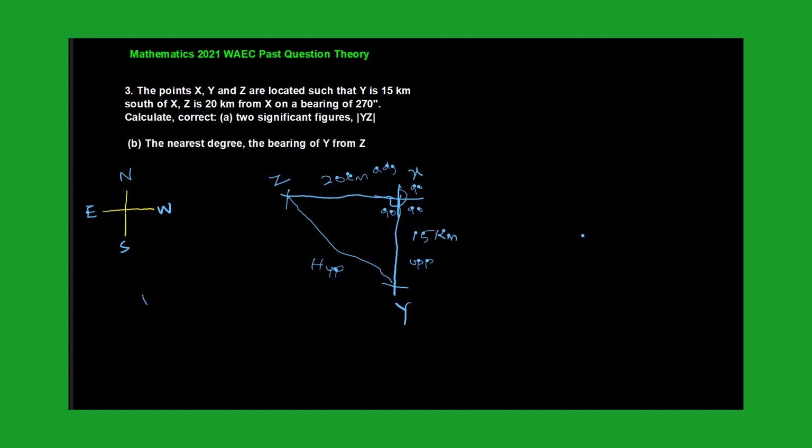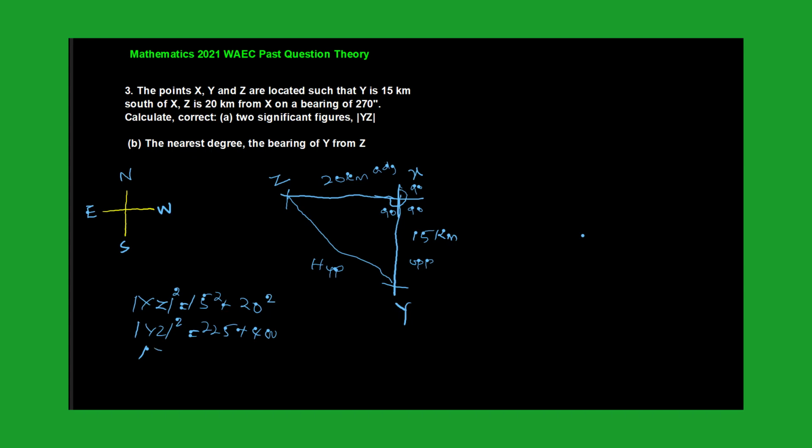YZ squared equals 15 squared plus 20 squared. So YZ squared equals 225 plus 400.